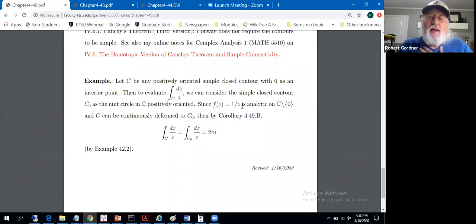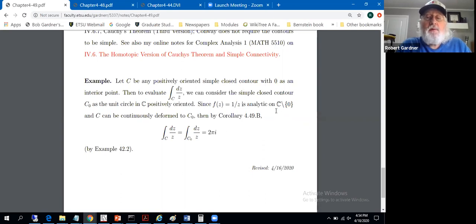Well, the only place this function is not analytic is at 0. It's analytic everywhere except for 0. Then if we had any simple closed contour, positively oriented, keeping the orientation the same, that goes around 0, then that function f of z equals 1 over z would be analytic between that circle of radius 2 and whatever crazy stuff you drew, as long as you went counterclockwise around 0 and created a simple closed contour.